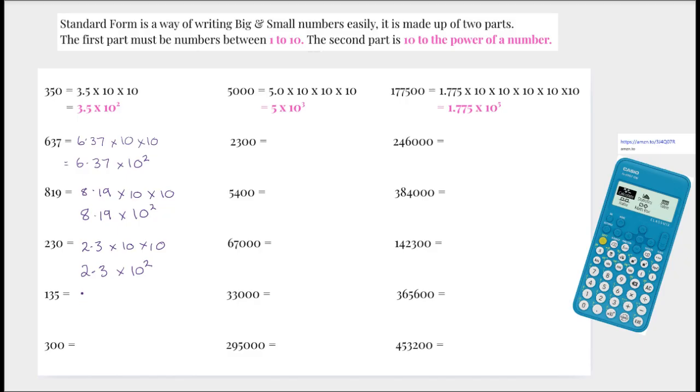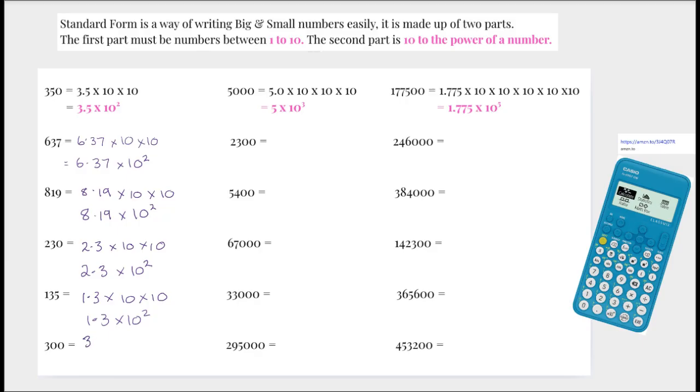Can do another one. It can't be between the 1 and the 3, it has to be between 1 and 3. So the next one is 1.3, 1.3 times 10 times 10 equals 1.3 times 10 to the power of 2. Same again, one last one. It's got to be between 3.0. It can't be 30.0 because that doesn't follow the rule.